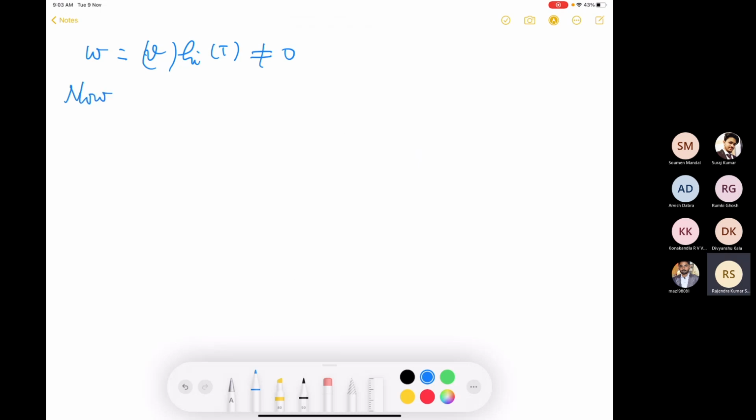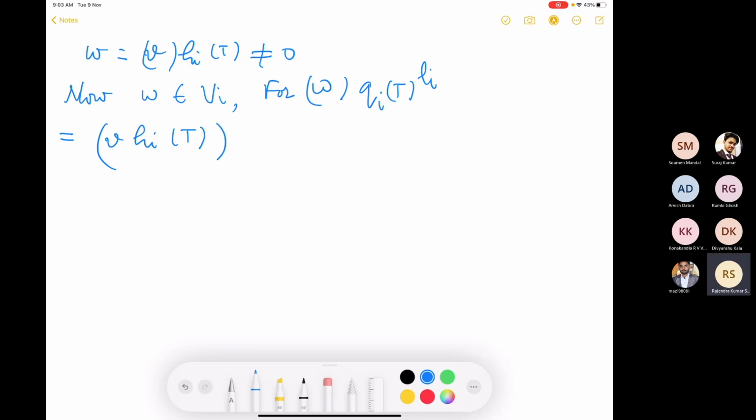Now w is in V. You can see that w under qi(T) power Li is equal to, replacing w, v hi(T) qi(T) power Li.